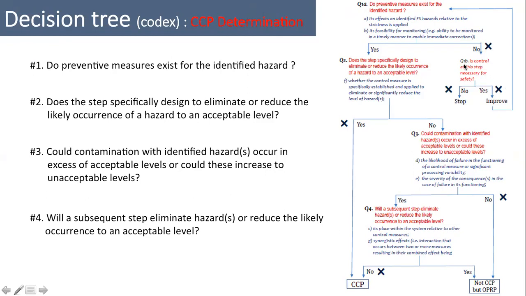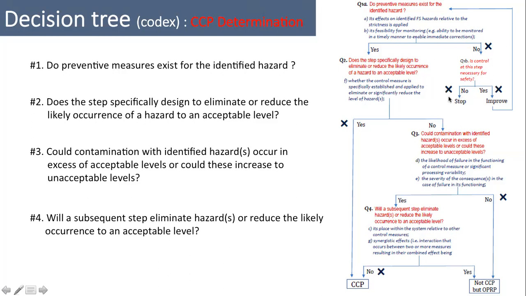So the sub question is there: is control at this step necessary for safety? Sometimes hazards are there, but we don't need to consider them because the controlling is not necessary for safety, right? We have identified it as a hazard, but it is not relevant to food safety or any safety measures.